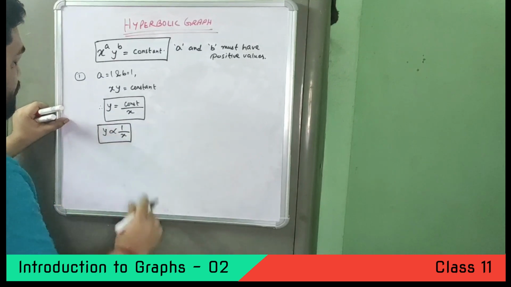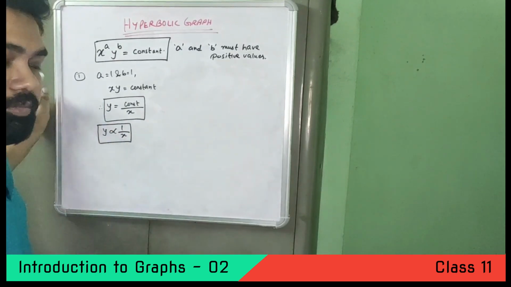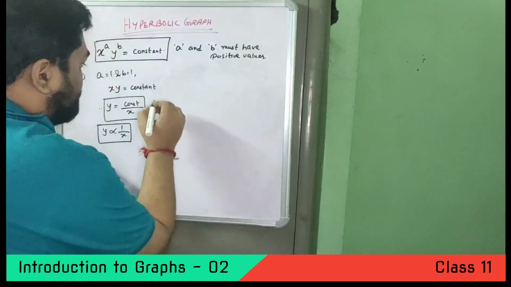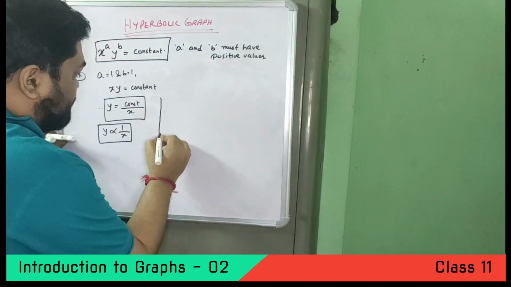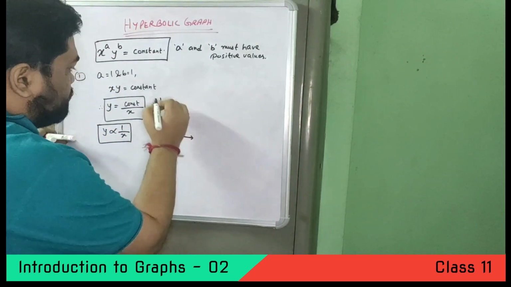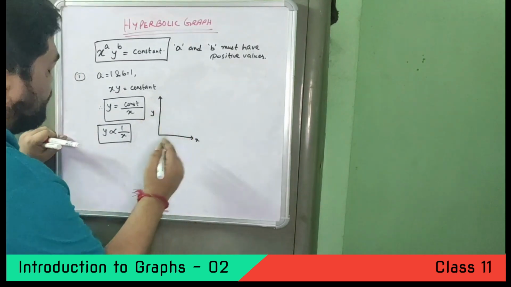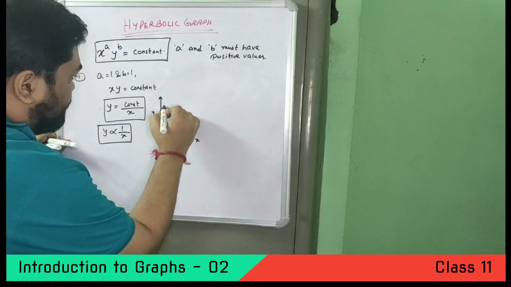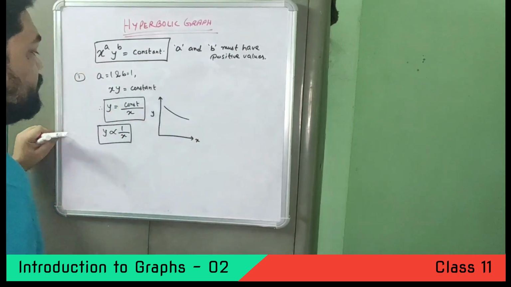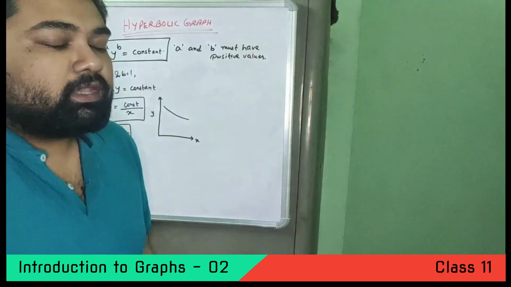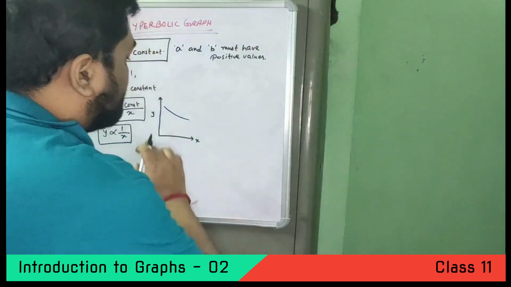From this equation we can get that y is inversely proportional to x. So what will be the nature of the graph? If this is x, this is y, the graph will be somewhat like this, right? It is decreasing. It is a decreasing sort of a graph.